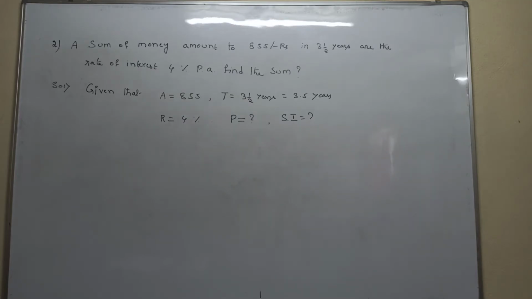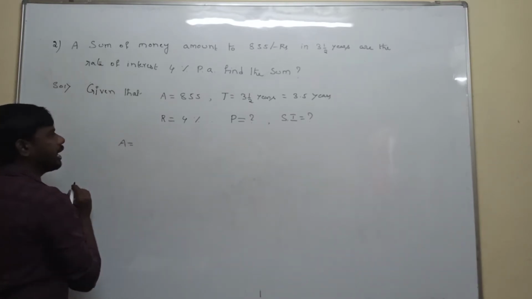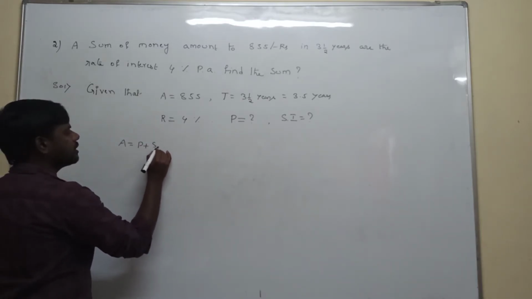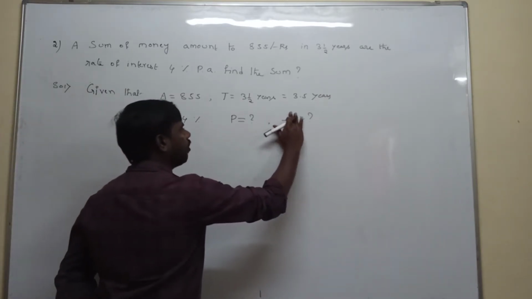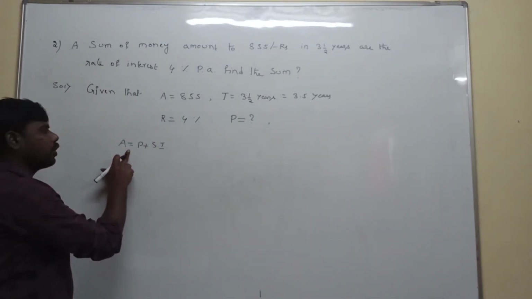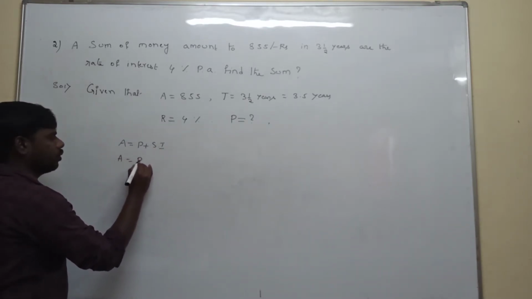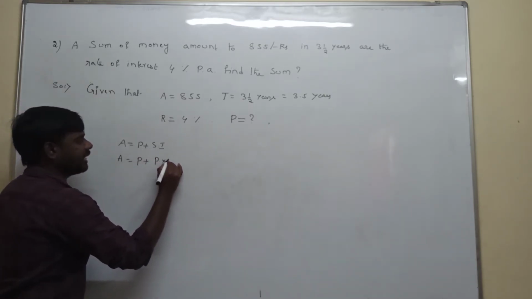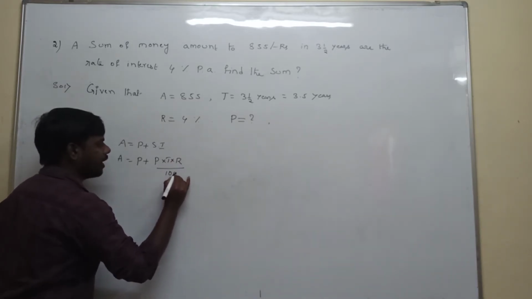So now we are applying the amount formula. Capital A is equal to P plus simple interest. The simple interest formula is PTR by 100.